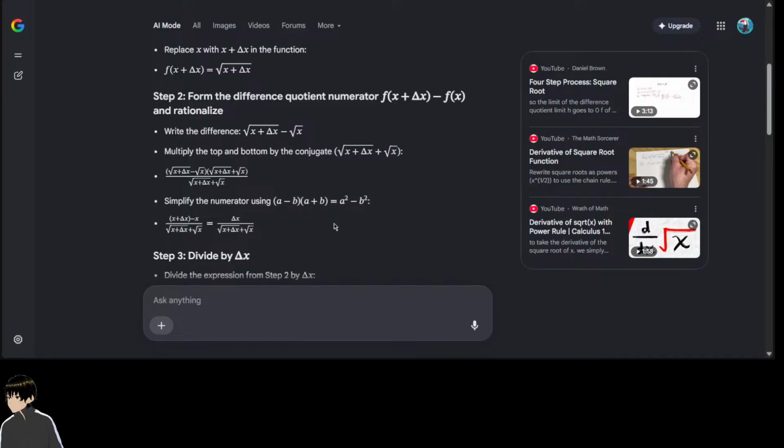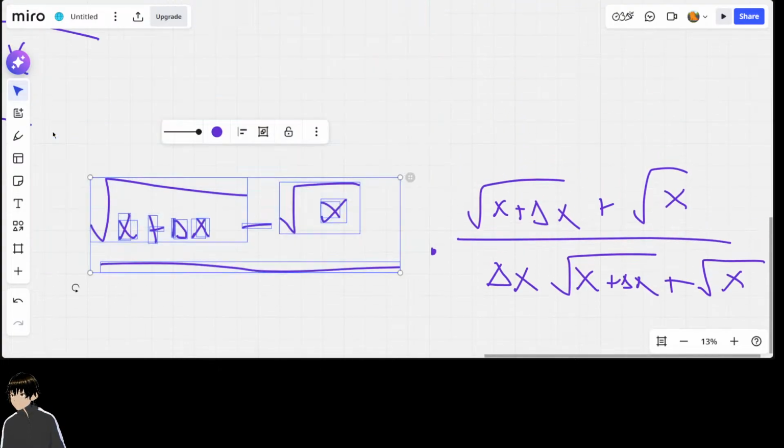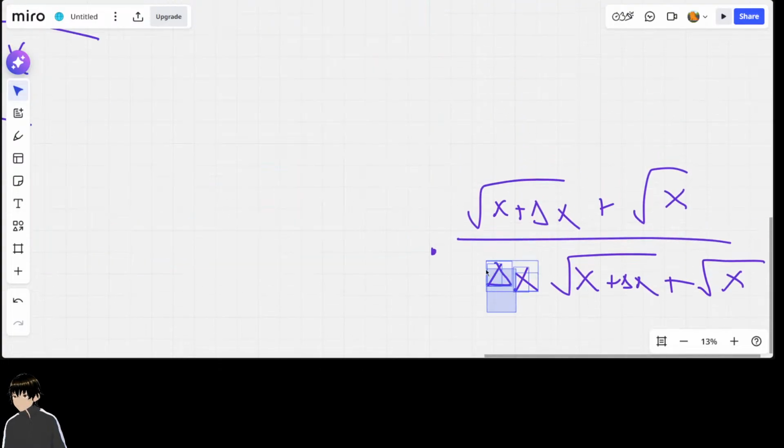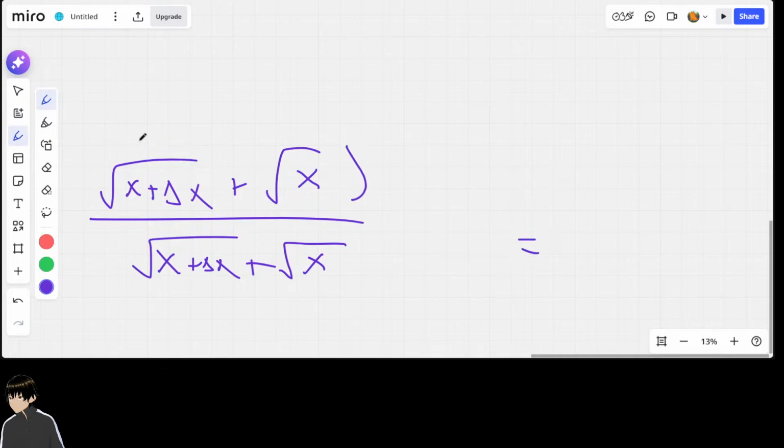Multiply the top with a conjugate. Oh, you're not dividing it yet. Okay. Top and the bottom with a conjugate. Conjugate, so you times it right here.